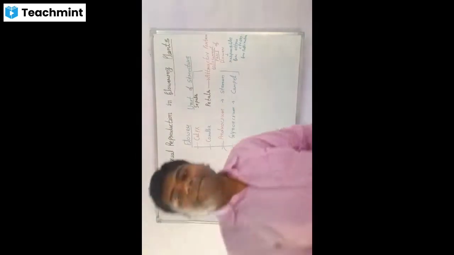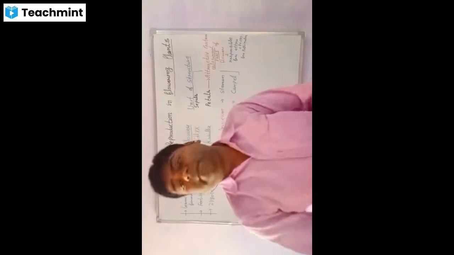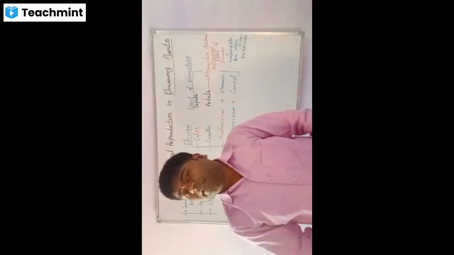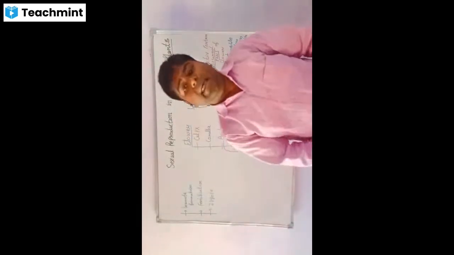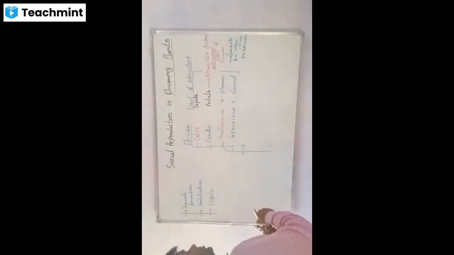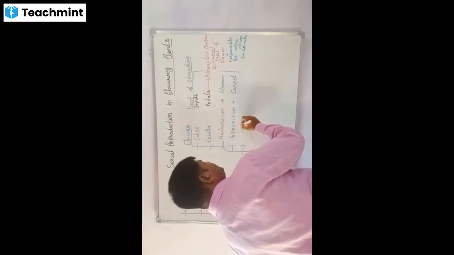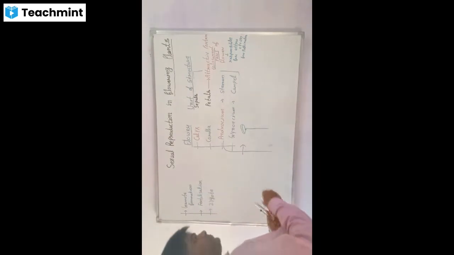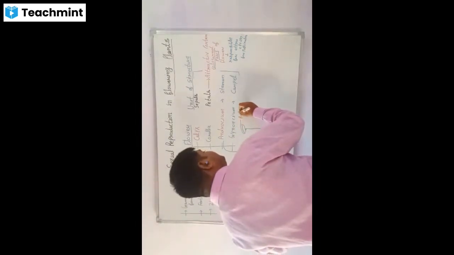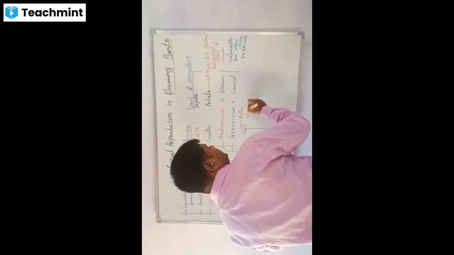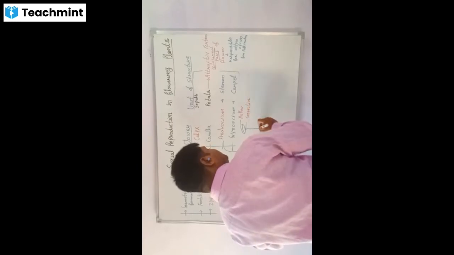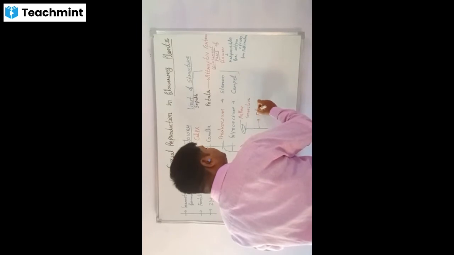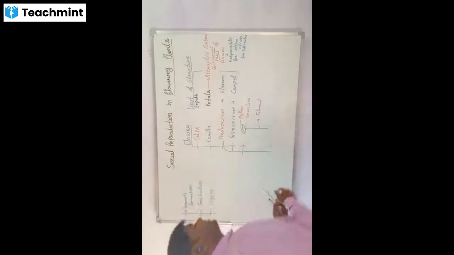In androecium, the stamen contains three basic portions: filament, connective, and anther. Let's take the structure of stamen. This structure we call connective, this one is anther, and this structure we call filament.